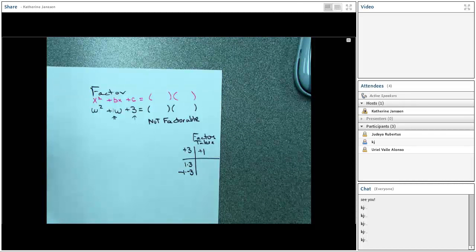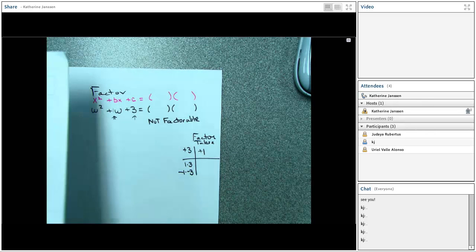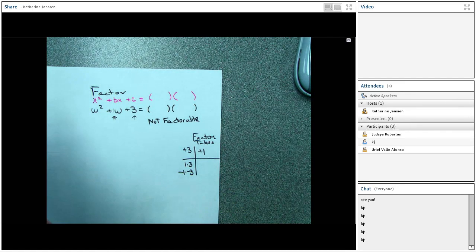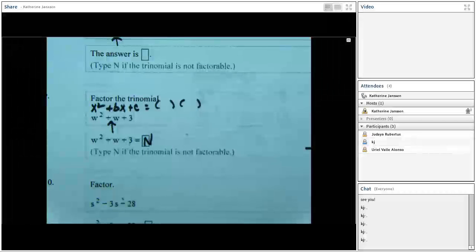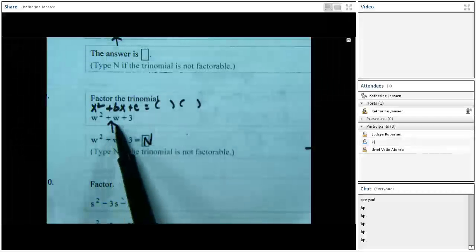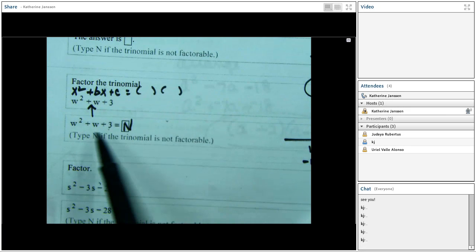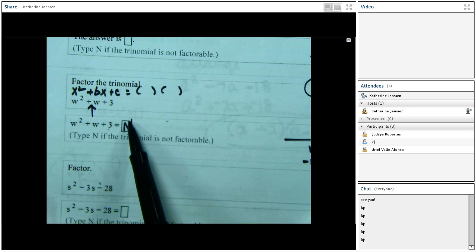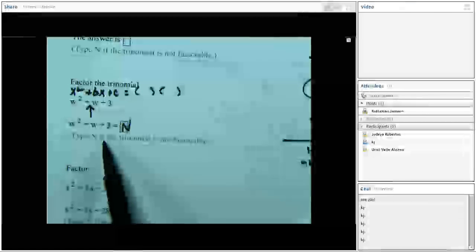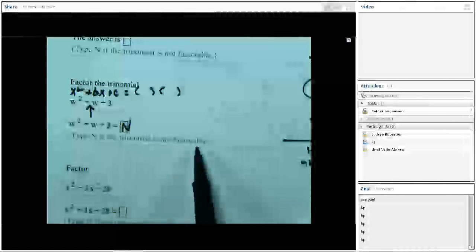At least with the information we have at this point. So at my math lab, for example, it might say factor the trinomial w squared plus w plus 3, and you enter your answer in the text box, and it says type n if the trinomial is not factorable.